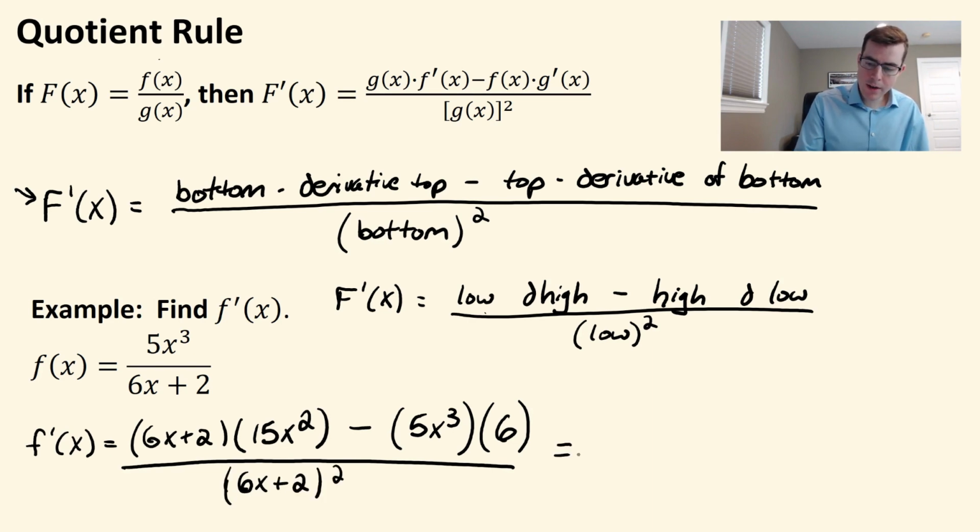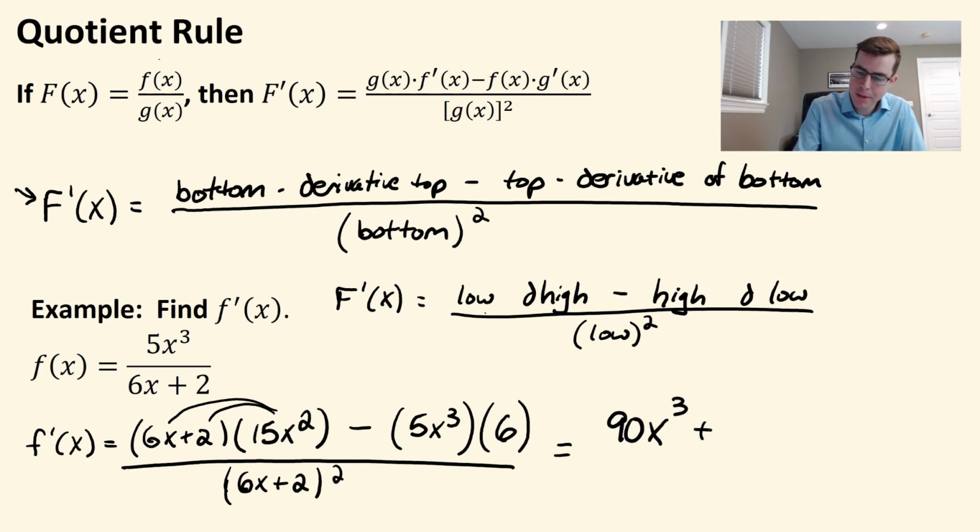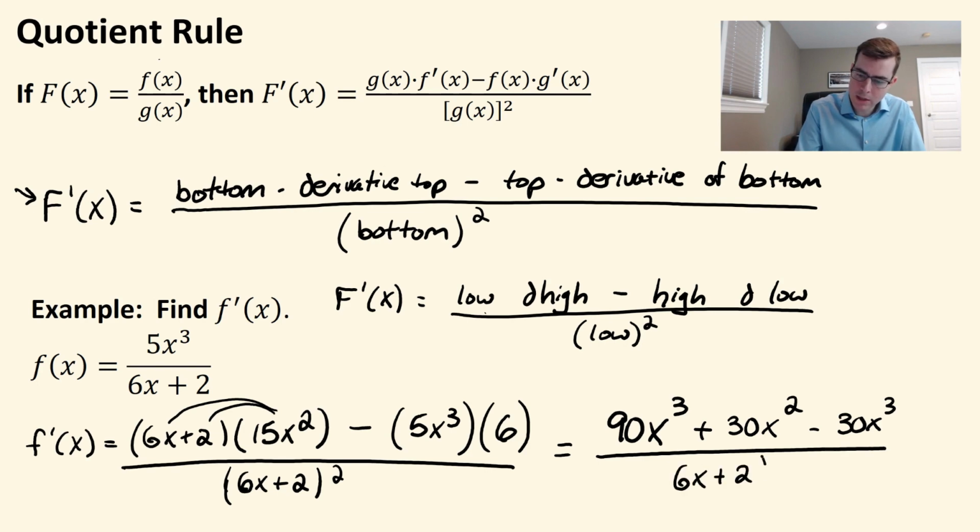All right, so then we're just going to go ahead and simplify this down a little bit more. Let's distribute that 15 through. So 15 times 6 gives us 90x to the third, plus 15x squared times 2 is 30x squared. And then we have minus 6 times 5 is 30, so minus 30x cubed, all over our bottom, which we can just leave as 6x plus 2 squared.